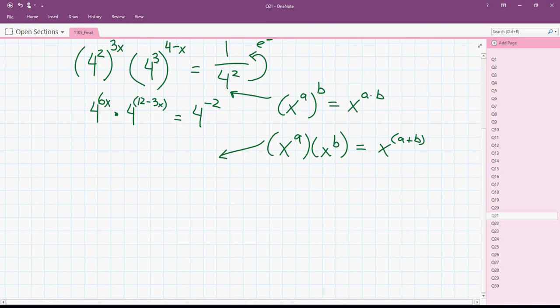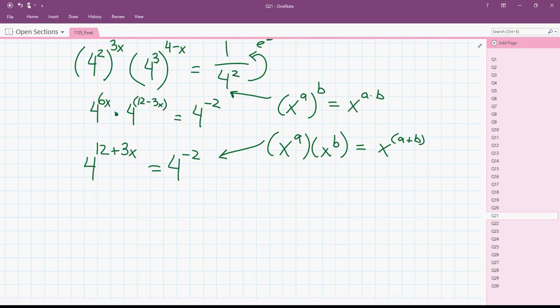Sure, whatever. So everything has a base of 4, so we're going to add these together. The 12 just stays. There's nothing for it to combine with. You have 6x minus 3x, so that becomes plus 3x, and that is equal to 4 to the minus 2. So now we have something on the left side, 4 to something, something on the right side, 4 to something.